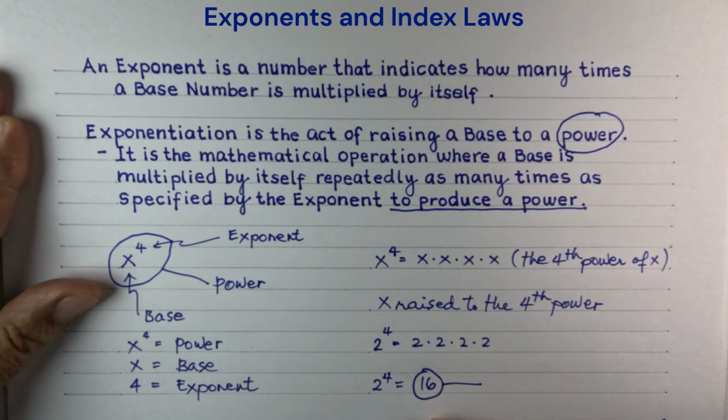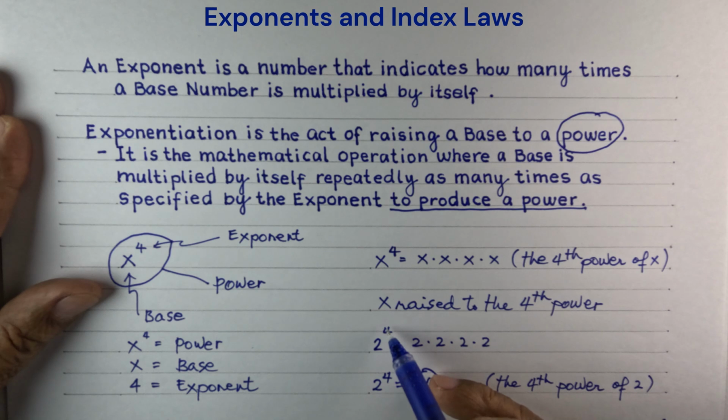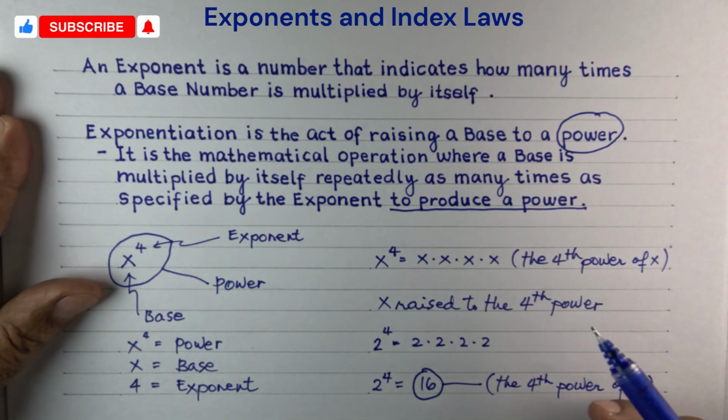Or simply, specifically, the fourth power of 2. So again, the base is the number being multiplied repeatedly. The exponent tells us how many times to use the base as a factor in the multiplication process.